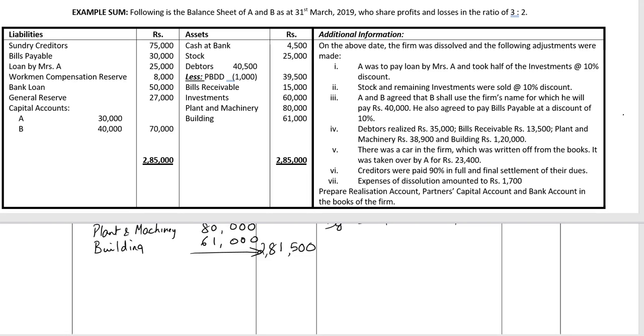The first point, A was to pay loan by Mrs. A. So partner A taking over a liability to A capital account, in bracket Mrs. A's loan. The amount of the loan is ₹25,000.